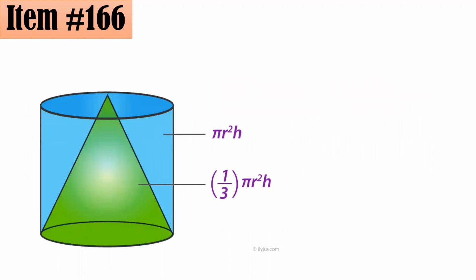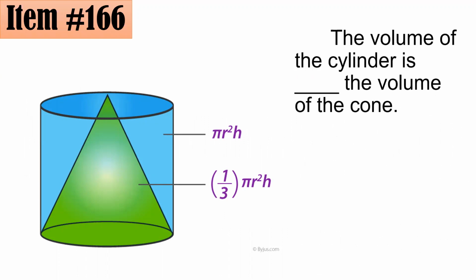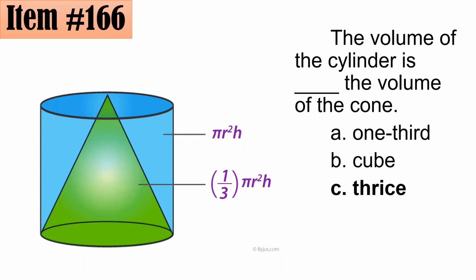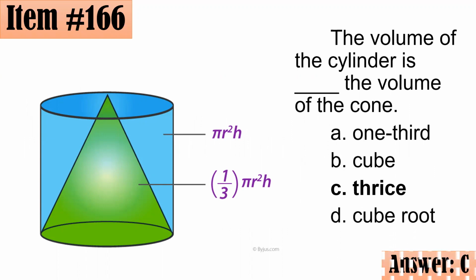So since ginamit natin yung cone at pinuno ito ng tubig, and since 3 beses mo siyang dapat lagyan ng tubig yung cone upang mapuno yung cylinder, then I agree with you, no? We could say that the volume of the cylinder is thrice or 3 times the volume of the cone.